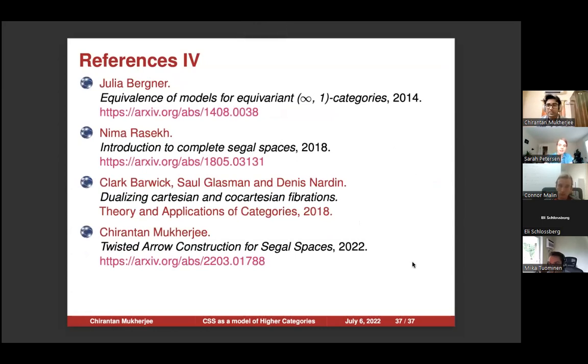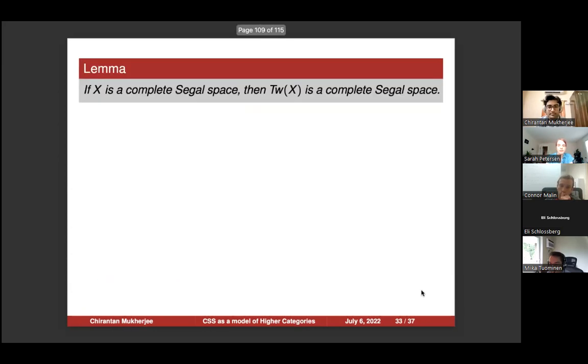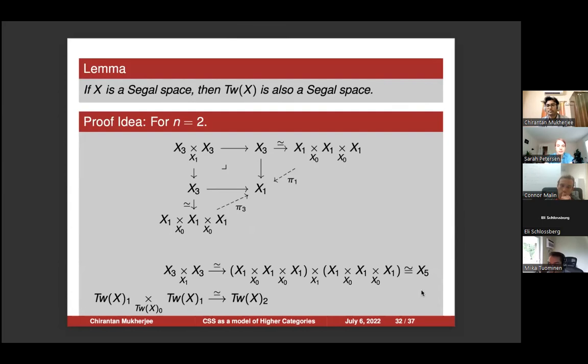So I have a question on slide 32. What does the twisted arrow being a product imply for us, at the very bottom of the slide? This one? Yes.